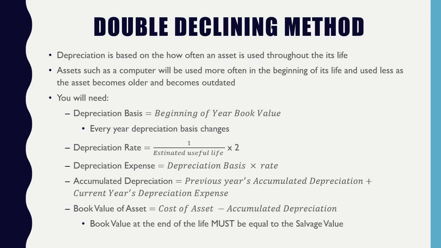So again, accumulated depreciation is going to be your previous year's accumulated depreciation plus your current year's depreciation expense. And then of course your book value is going to be the cost of the asset minus the accumulated depreciation. Okay? And then at the end of its life, book value must be equal to salvage value.